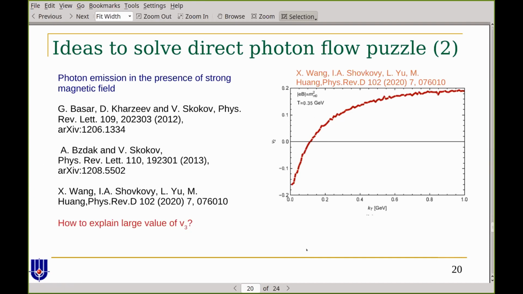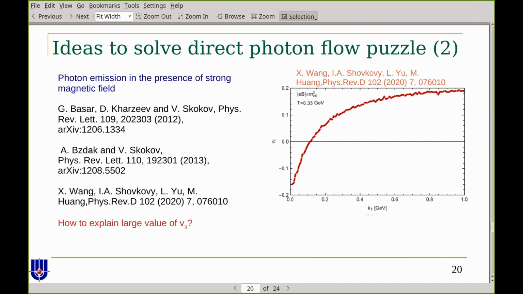And indeed, with this approach, we can predict a rather large asymmetry of photon yield at high pT. And what is even more exciting, we will have negative flow of direct photons at very low pT, which is not predicted by any other model.